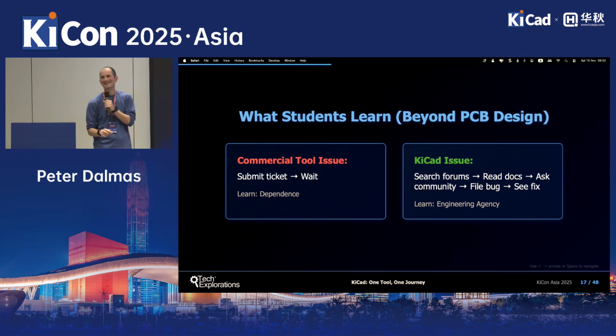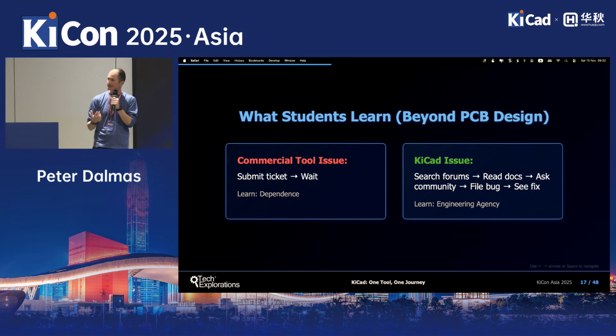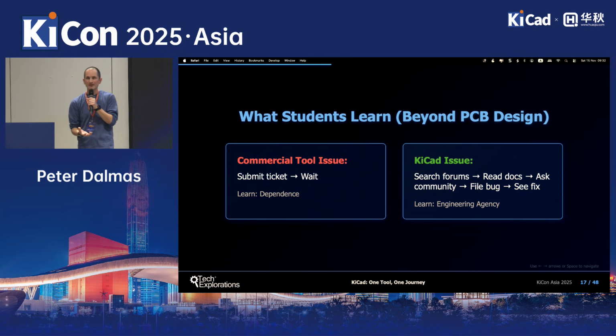Maybe it's that I'm doing something that hasn't been tested against, right? So I've got a few options at that point. I can engage with a community and say, hey guys, I'm experiencing this issue. Anyone seen this? As far as I know, there's no help desk for KiCad.